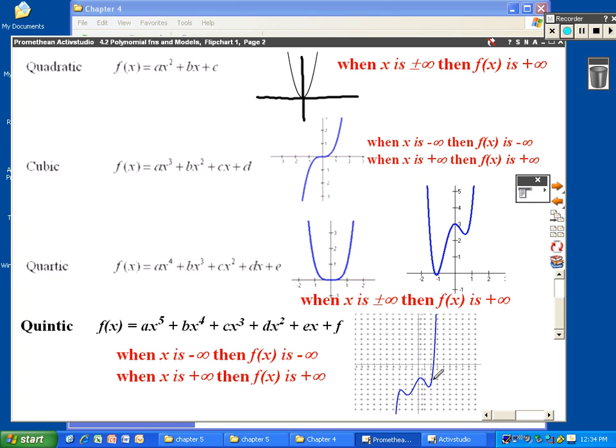And notice it acts similar to the cubic. As x gets more negative, my y's are getting negative. As x gets positive, my y's are getting positive. Opposite end behaviors.